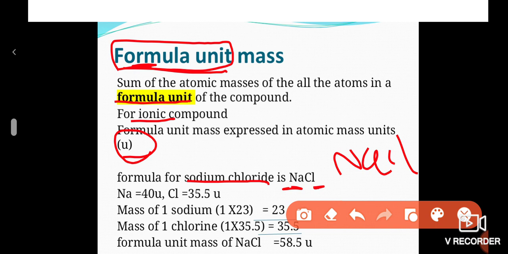We know that the mass of chlorine is 35.5 U. Here also, formula unit mass is equal to the sum of all the atomic masses present in a formula. In this formula, it contains Na and Cl. Here also the subscript represents the number of atoms. Here there is no subscript, so it represents 1 sodium and 1 chlorine.